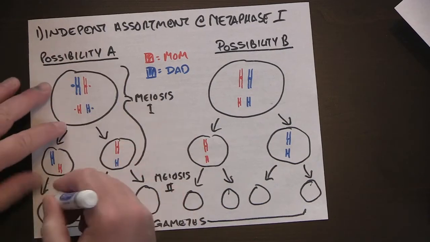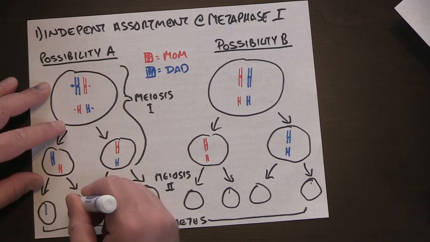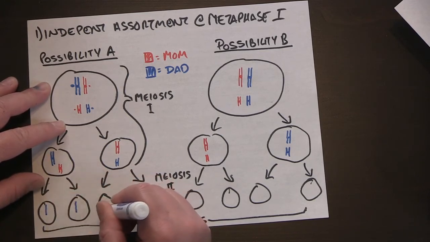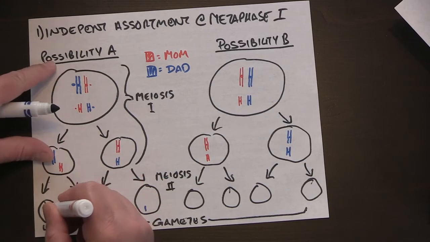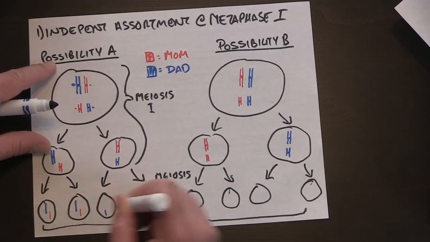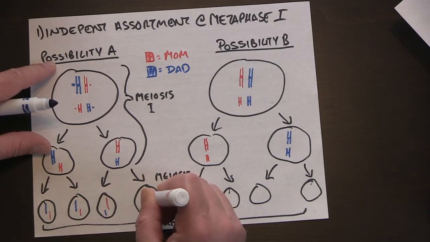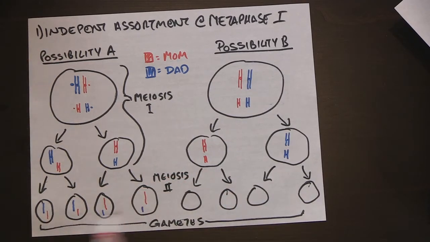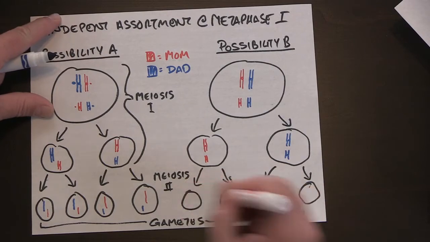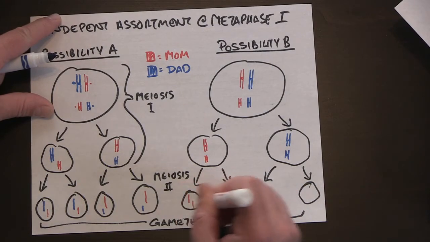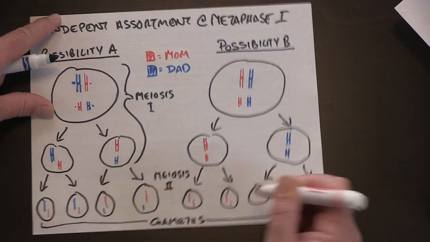You can probably see where I'm going with this. This is going to have the big one and the small one from your dad, and this is going to have the small one from your mom and the big one from your mom. So there's this recombining or mixing that can happen.